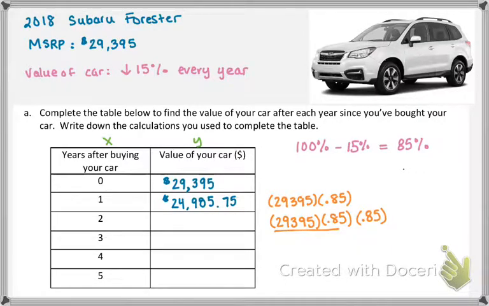So taking that answer, you can type in $24,985.75 and multiply by another 85% in decimal form, 0.85, and that's going to give me the value of my car after the second year.